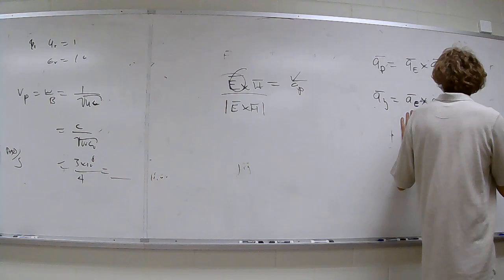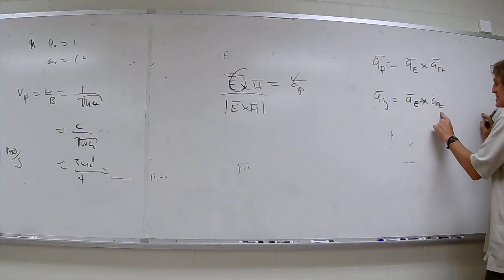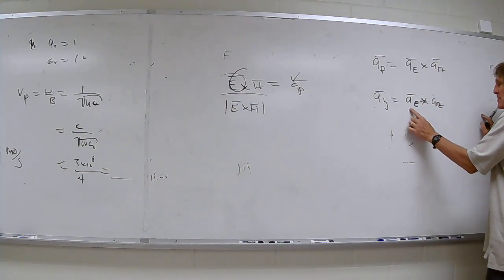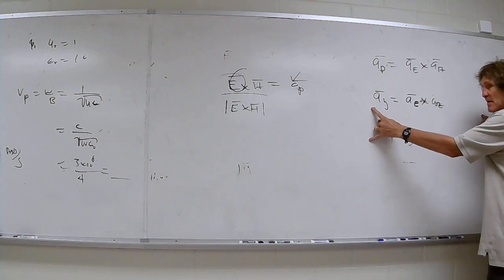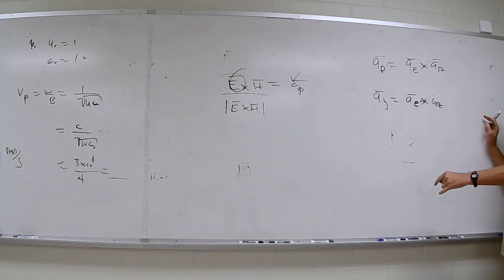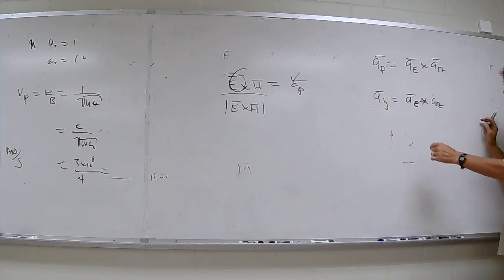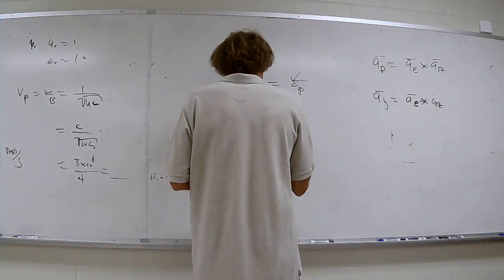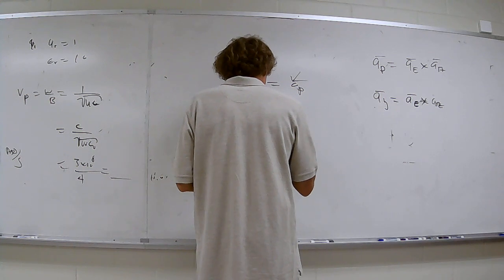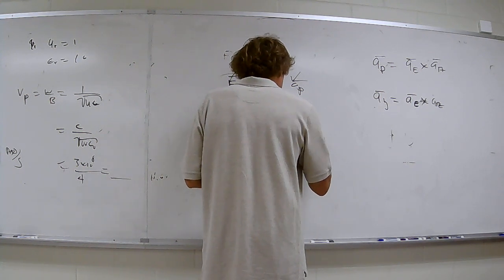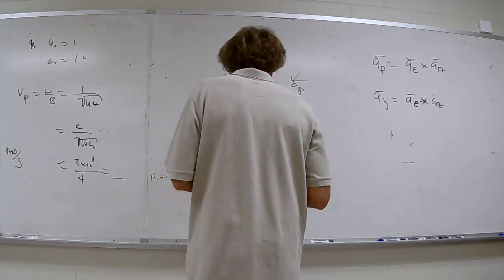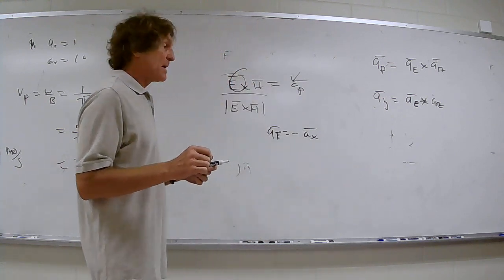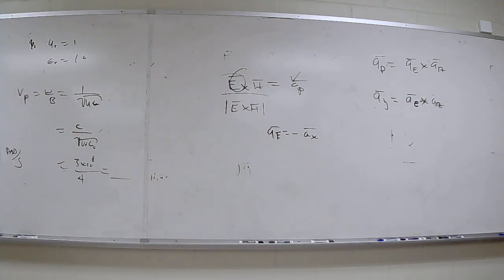If it was AX, we know it's got to be X. If that's Y, this is E. If it's AX cross AZ, it would be minus AY, right? Yes. That means AE has to be minus AX, correct? So AE equals minus AX. See if that works. If we have E is minus AX crossed Z.